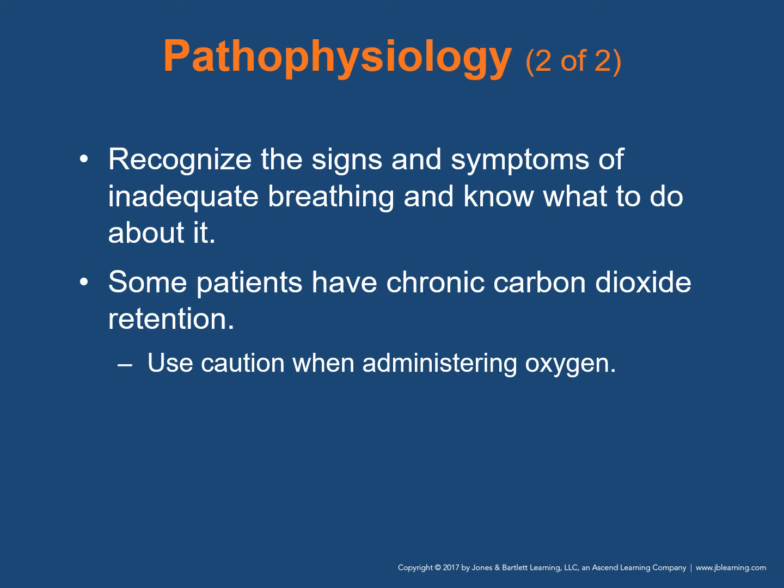Now, this last bullet here, the second bullet, is talking about the hypoxic drive. End-stage chronic obstructive pulmonary disease, people who have chronic bronchitis or chronic emphysema or a combination of both. As they have a problem with exhaling their carbon dioxide, they tend to retain more carbon dioxide.